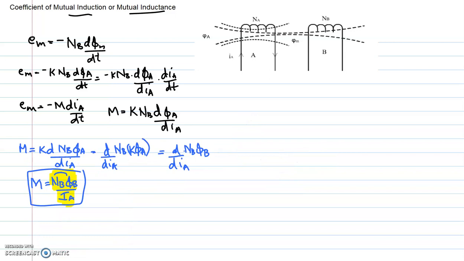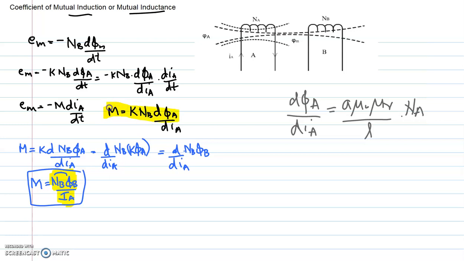While deriving the self-inductance, we have come across the formula d phi A divided by dIA is nothing but A into mu 0 mu r by L into NA. So therefore, now we are having two equations. So this is equation number 1 and this is equation number 2.